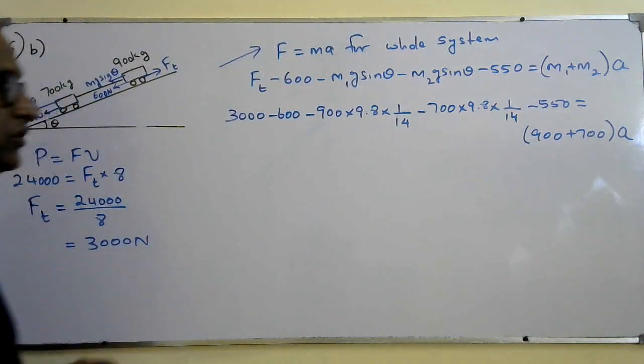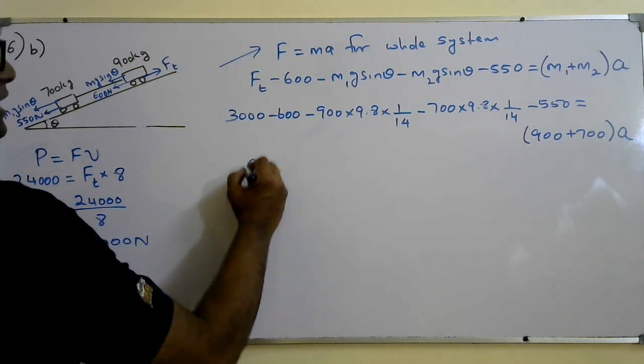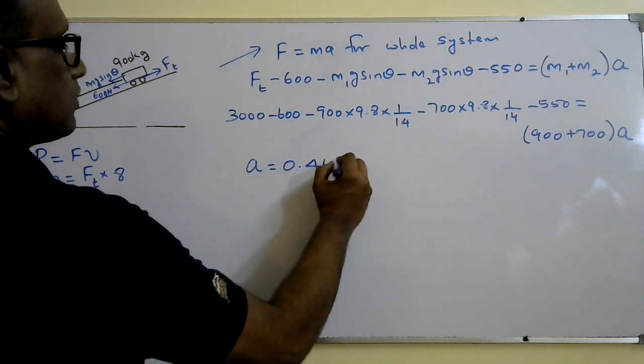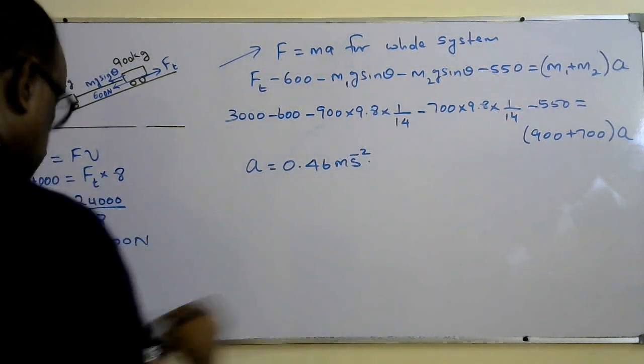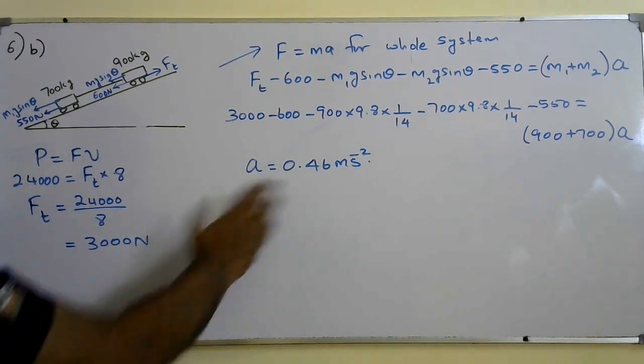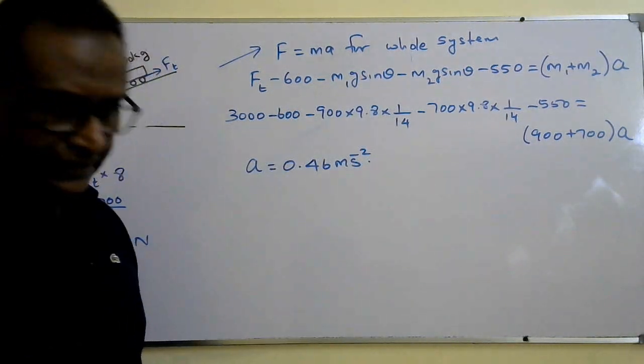That's all, everything we know except a. Solve it, we'll get the a. So a is equal to 0.46 meter per second squared. Yeah, the answer is correct, 0.46 meter per second squared. Careful, there are a lot of numbers, but the answer is correct.